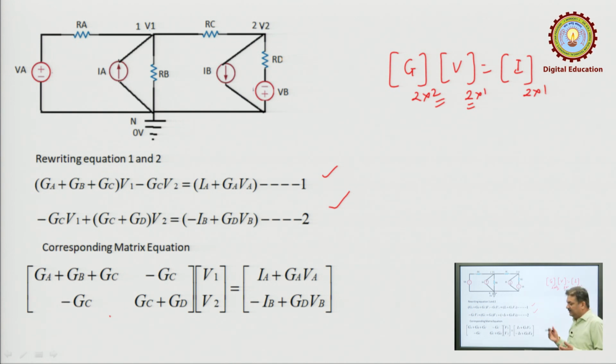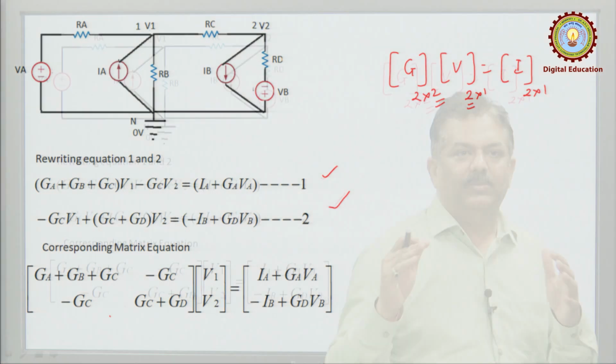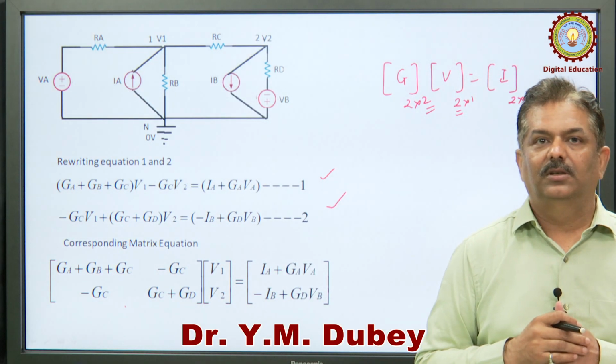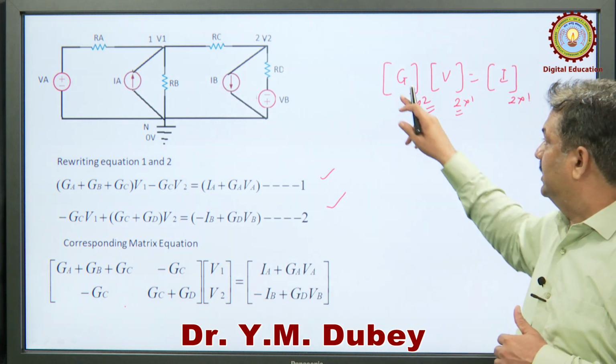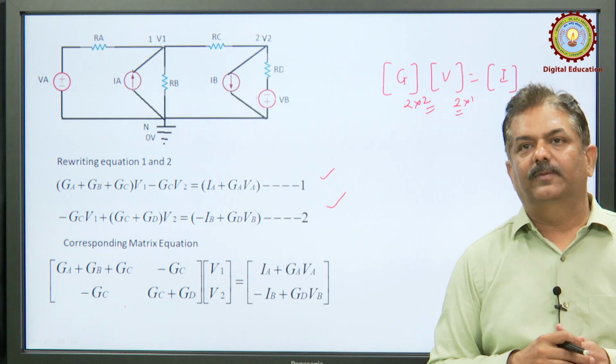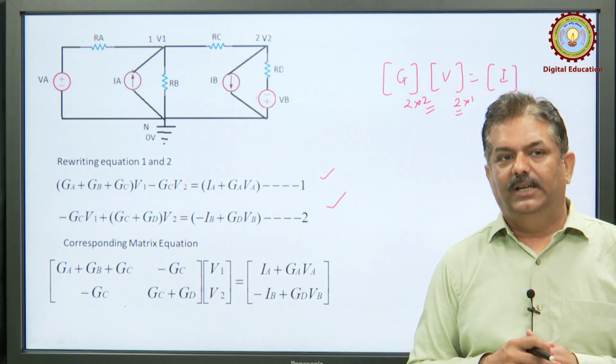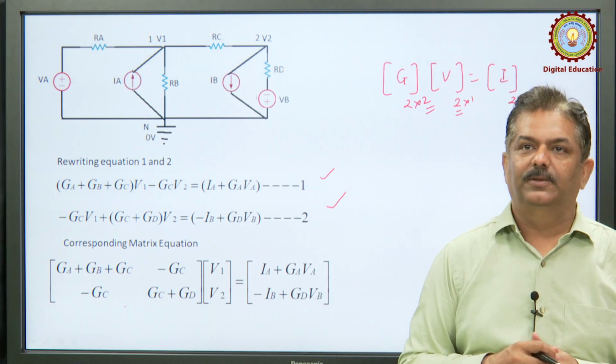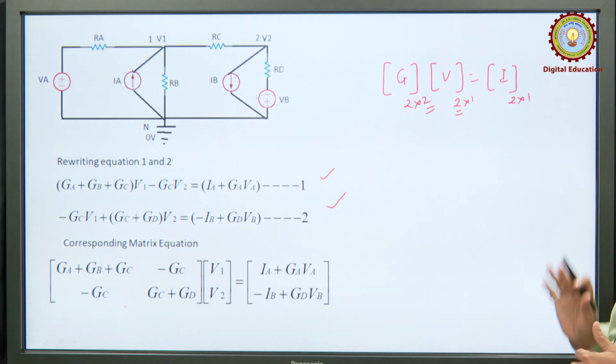So, in generalized concept, if there are n independent nodes, the conductance matrix will be of the order n cross n, the voltage matrix will be of the order n cross 1, and the resulting current matrix will be of the order n cross 1.